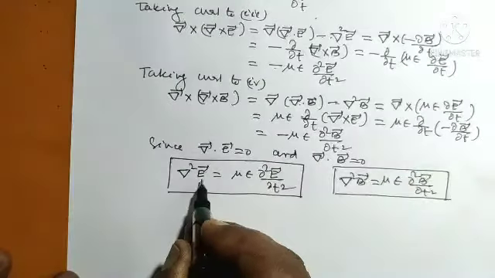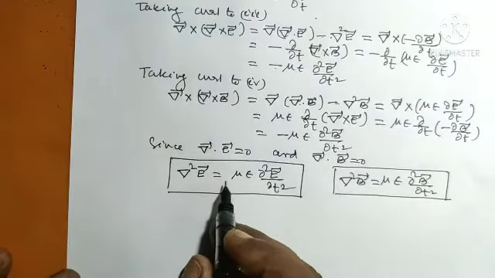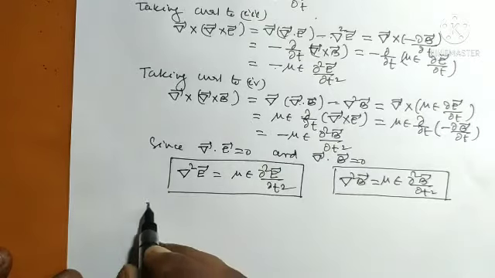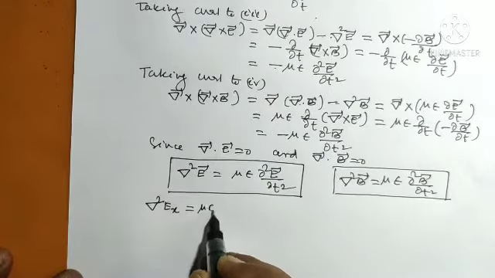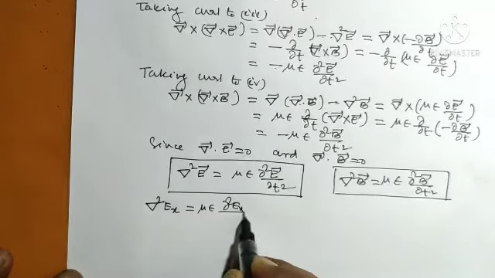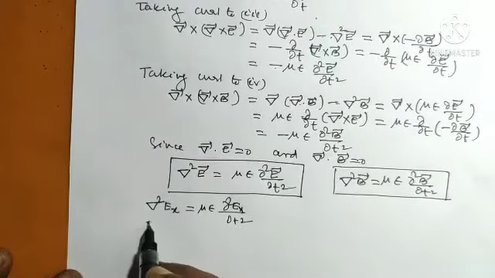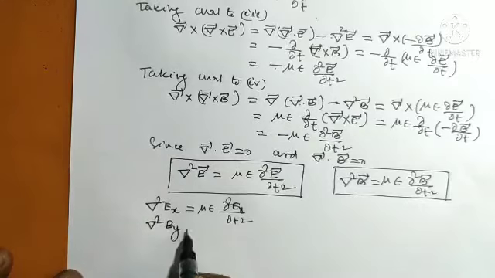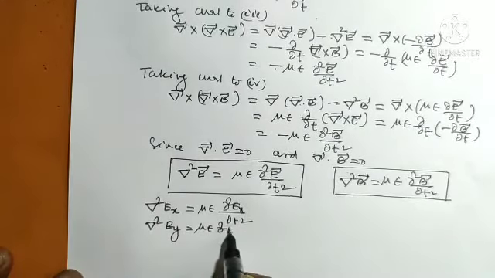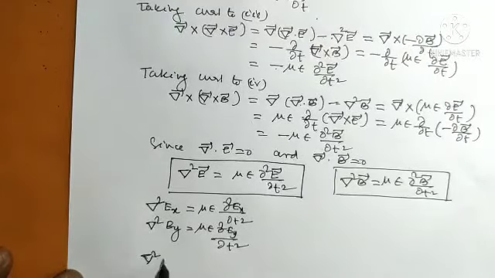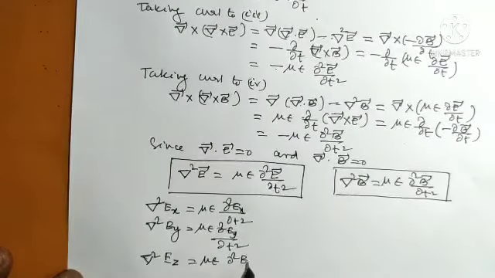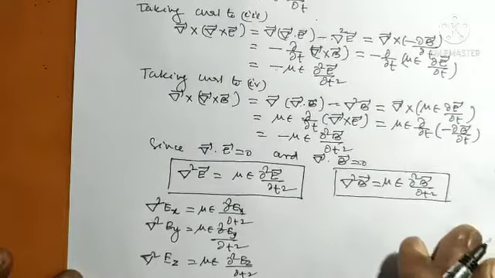So E has three components: Ex, Ey and Ez. So the wave equation can be written as del square Ex is equal to mu epsilon del square Ex by del t square. Del square Ey is equal to mu epsilon del square Ey by del t square. Del square Ez equal to mu epsilon del square Ez by del t square.